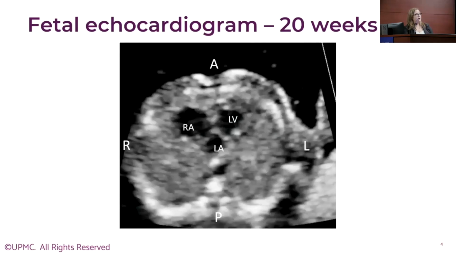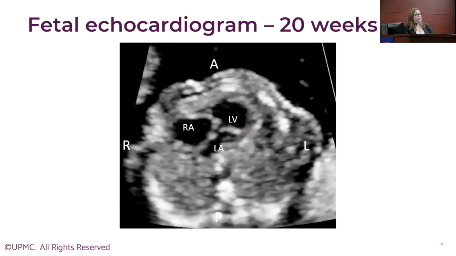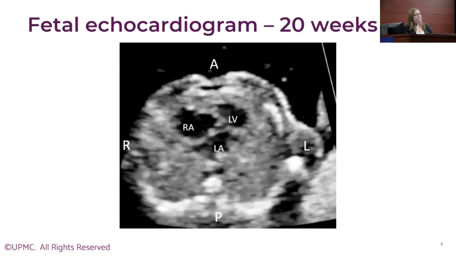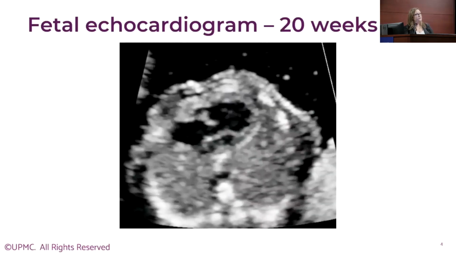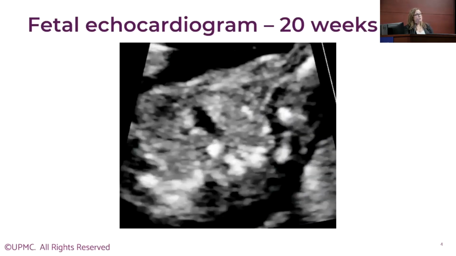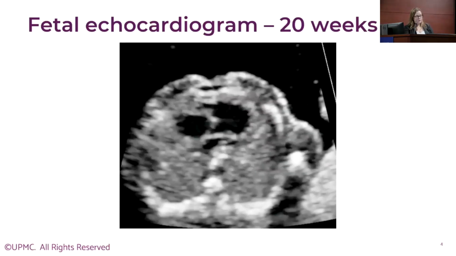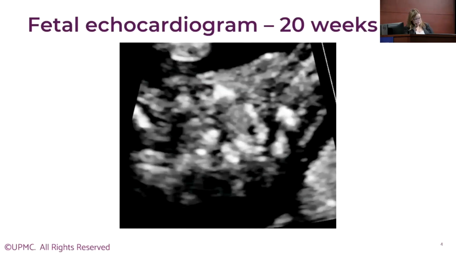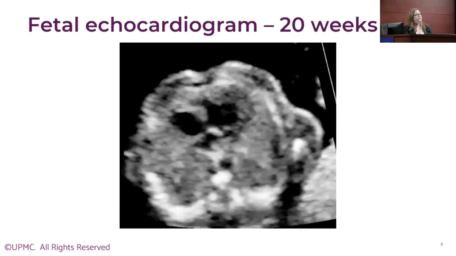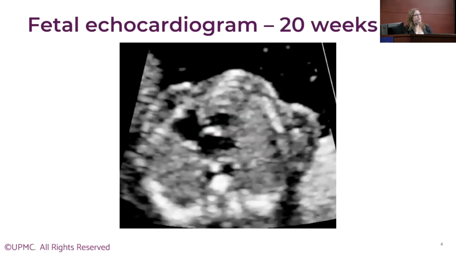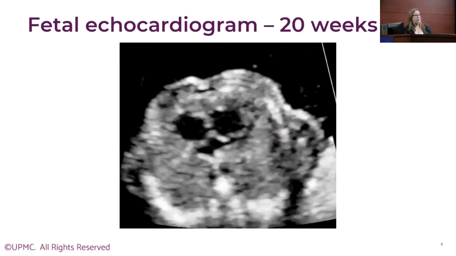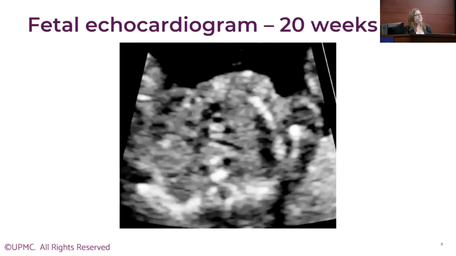And again, as the sweep starts, 2 atria and only a single ventricle, which was felt to be of left ventricular morphology. As it sweeps through, we can see that there are 2 outflows, although they are discrepant in size, with the early branching vessel, the pulmonary artery, seen smaller than the aorta and posterior to the aorta, which is an abnormal relationship.